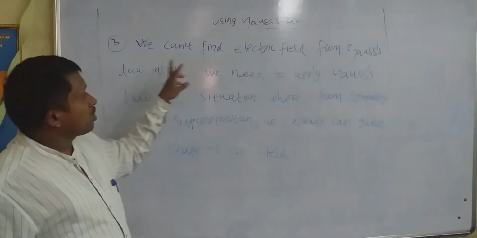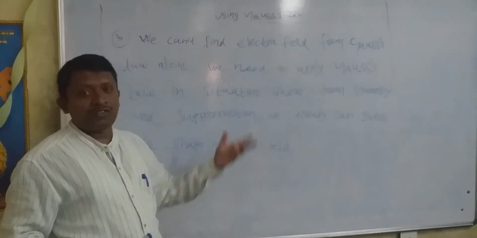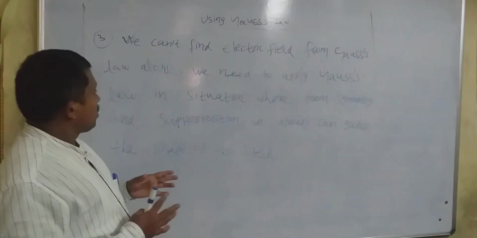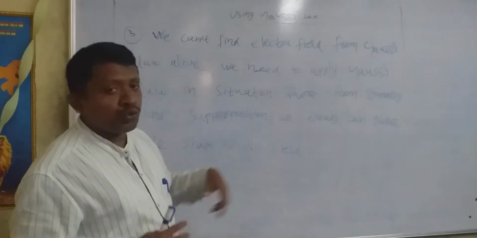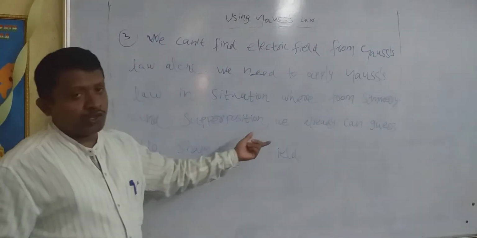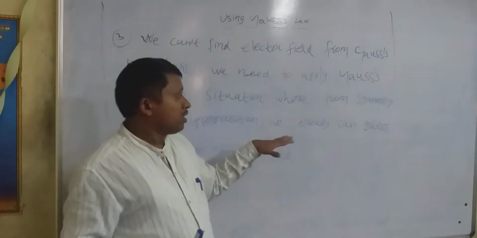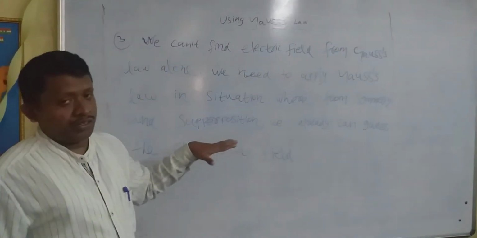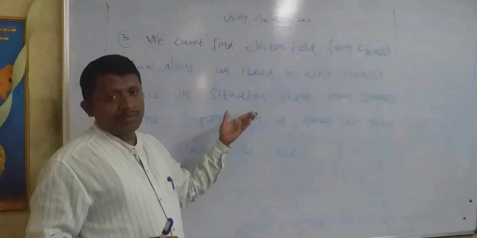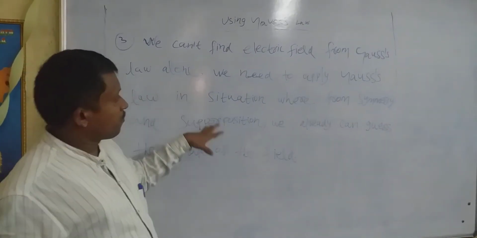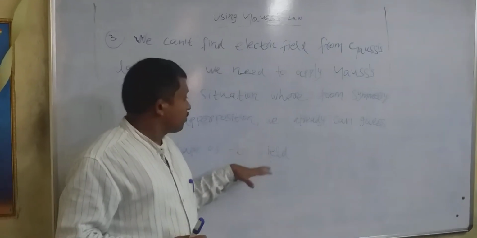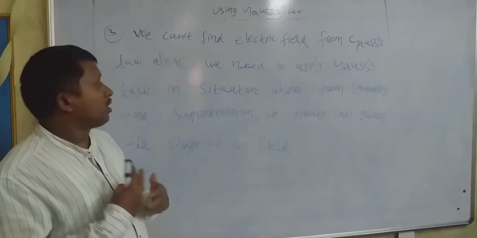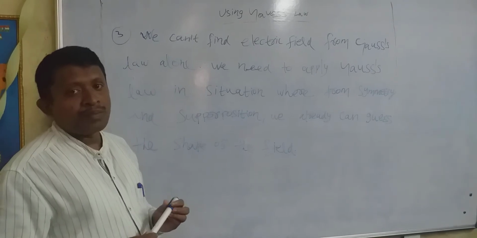So using Gauss's law we are going to find the electric field of the object, but we can't use Gauss's law directly; we have to use symmetry and the superposition principle. That is a very important point. Without symmetry we can't use Gauss's law, so we use a Gaussian surface and choose it according to the symmetry of the object. Next we will see some important numerical problems using Gauss's law.